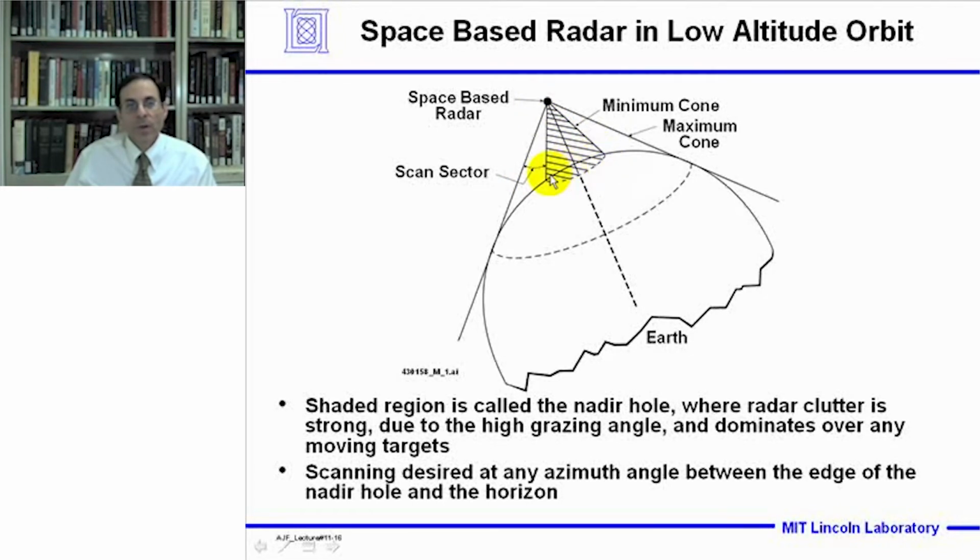So this is a nadir hole or exclusion zone. So we would be scanning the radar beam between the minimum cone and this maximum cone at the horizon. So in the nadir hole, radar clutter is strong and dominates over moving targets. And so scanning is desired at any azimuth angle between the edge of the nadir hole and the horizon.